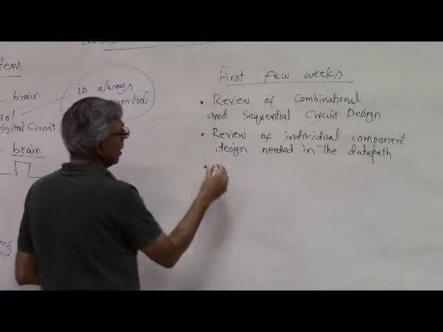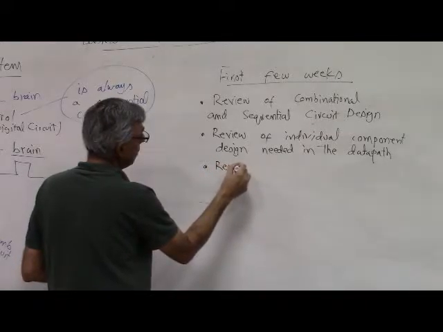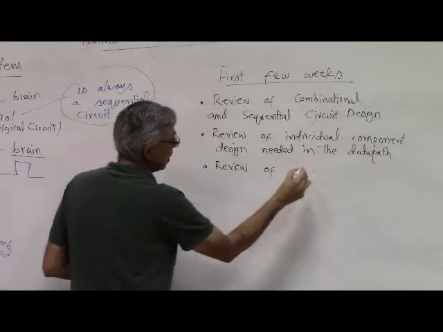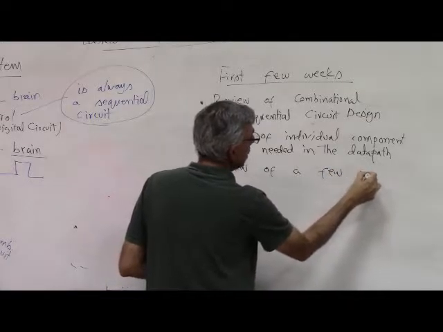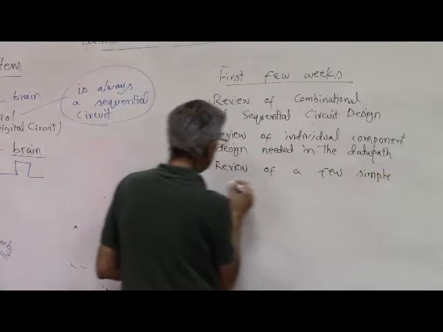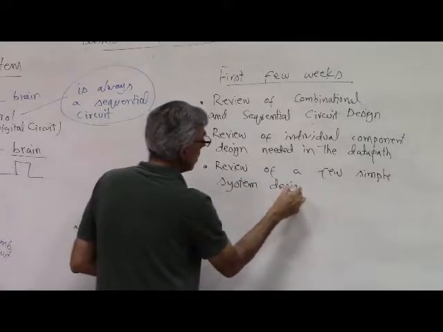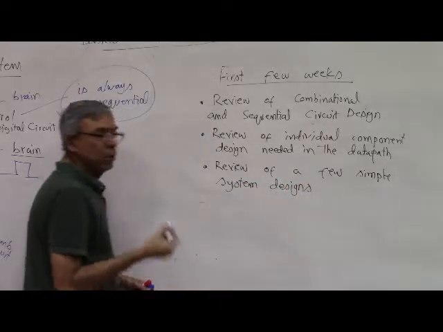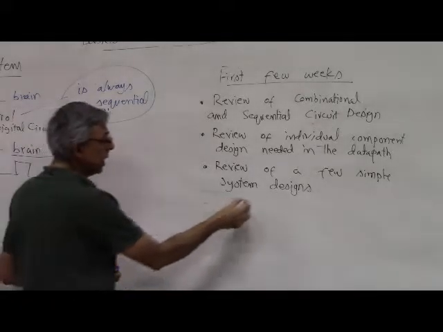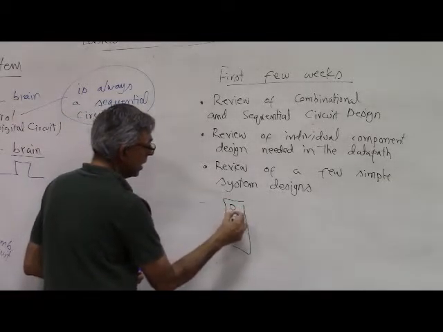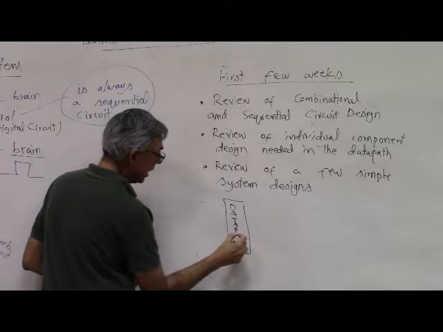And then a review of a few simple system designs. As I mentioned, a system always has two main parts, data path and a control.